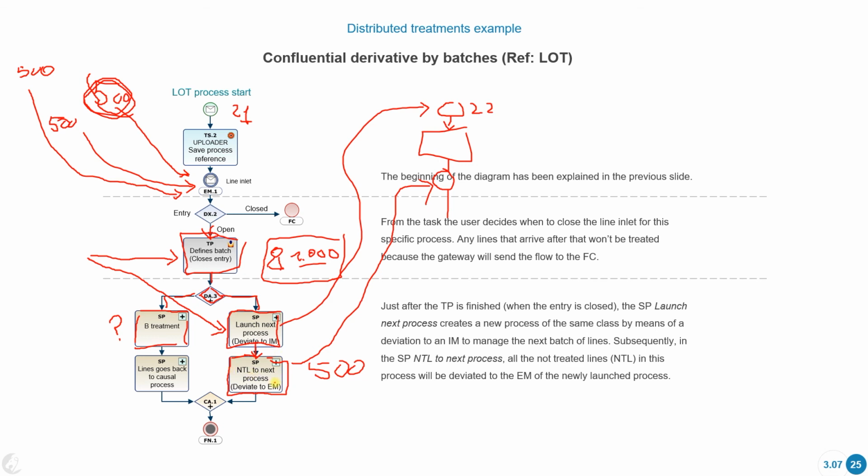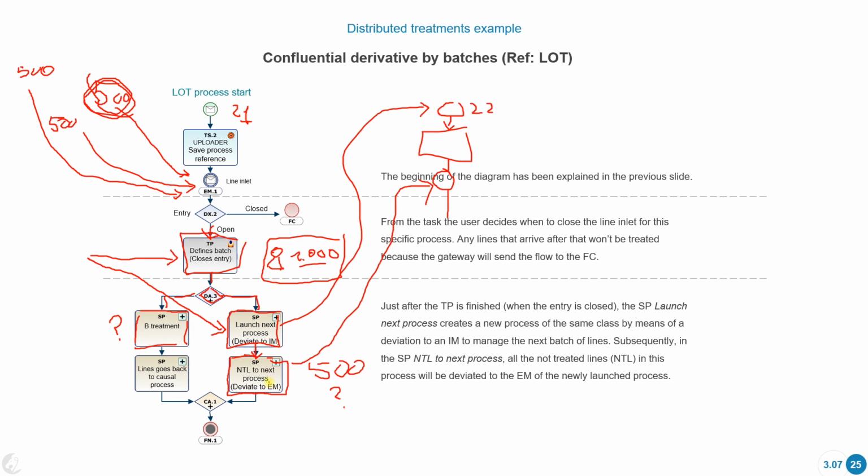We can't just leave them here in the panel of this process and forget about them. So it is important that after we launch the new process, and once we know that the intermediate message event is available, we deviate from this process any possible additional lines that have not been added to this batch.